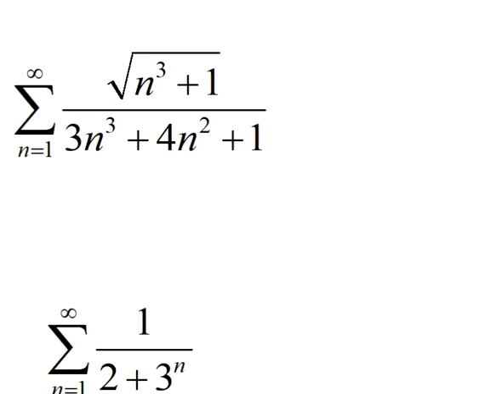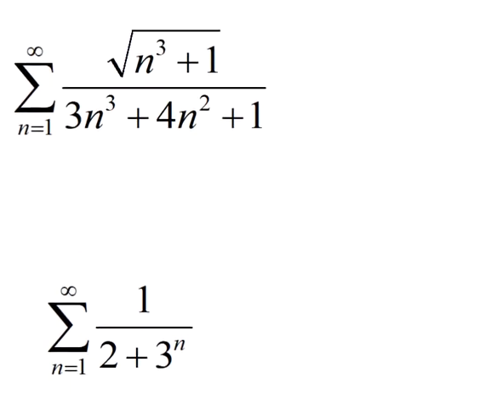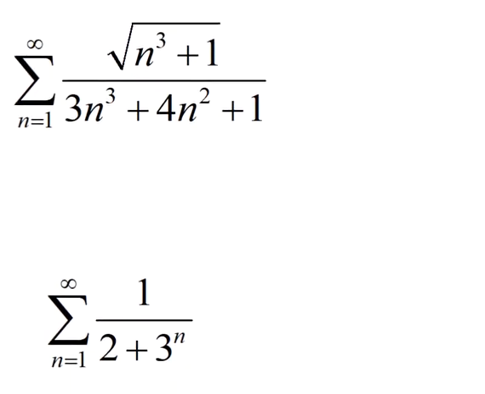Now, these next two are a little more complicated looking than just a straight p-series or a geometric. You notice the bottom one almost looks geometric, but you have that +2. And this top one has a lot of other pieces added to it.